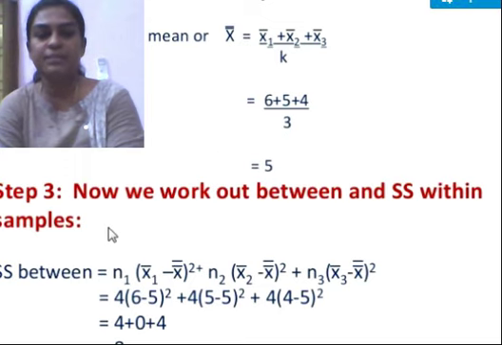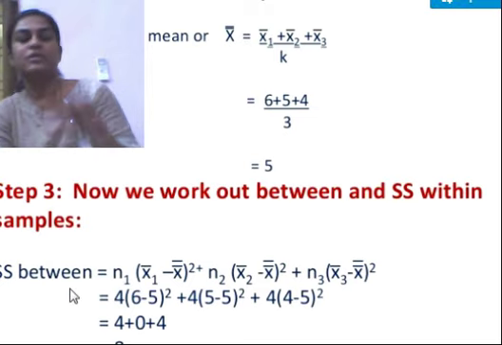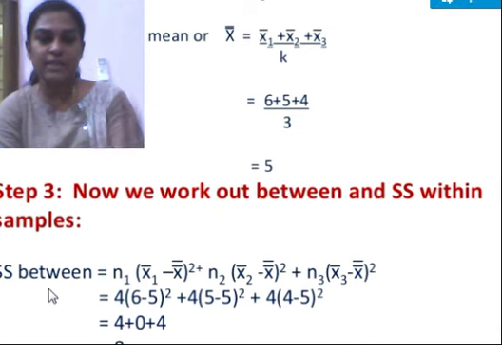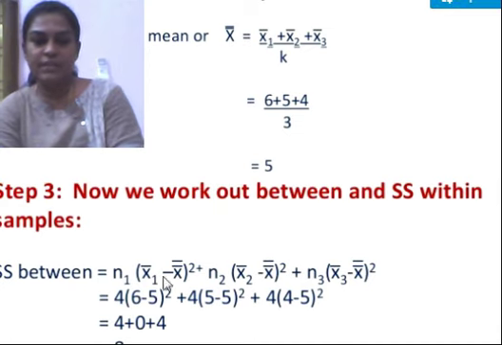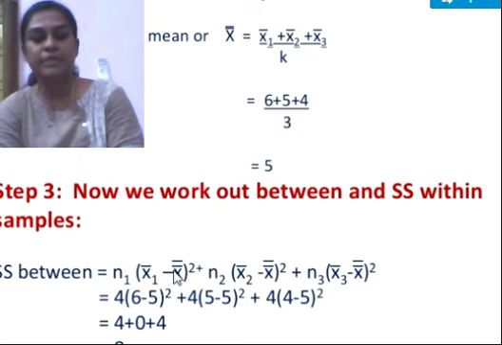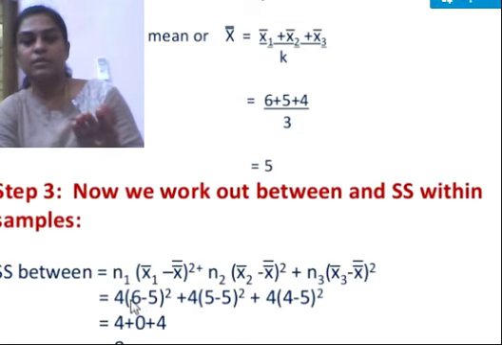Then the third step: now we work out SS between the samples. Just remember one thing: within the samples and between the samples. For SS between the samples, we use the formula n1 into (x1 bar minus the mean of means) whole square, the same n2 into (x2 bar minus the mean of means) whole square, and so on for all 3 variables.